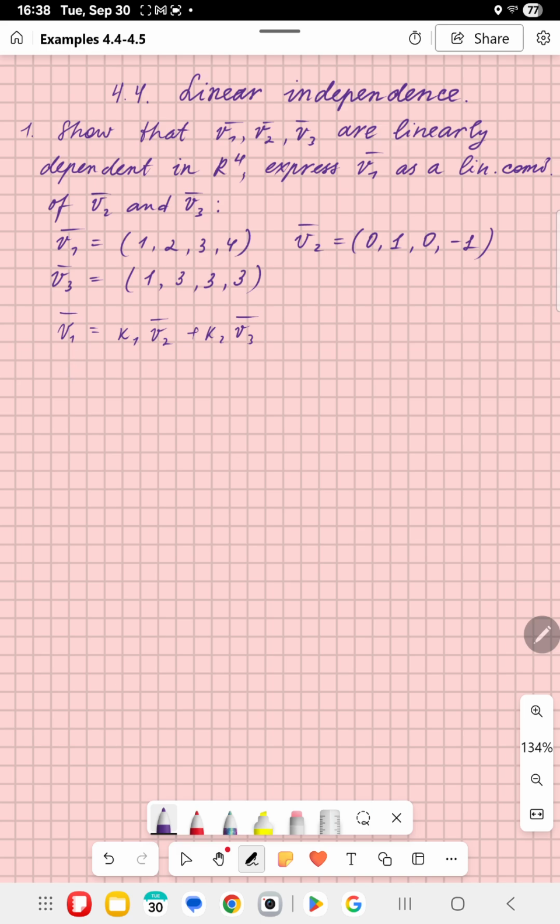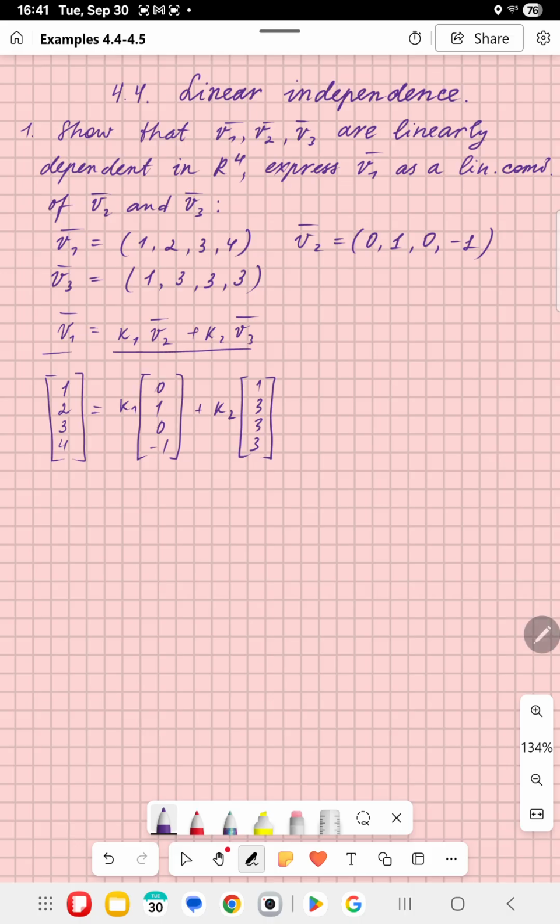And remember that because we are comparing x components to x components on the left and on the right, I'm just going to put components as a column vector. Okay, so that's how we're supposed to solve it.